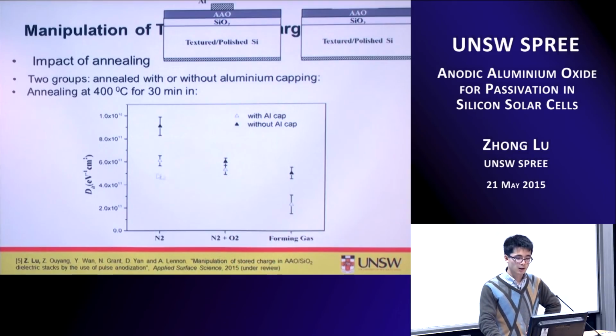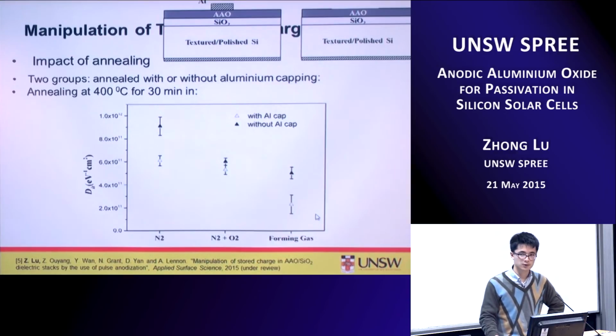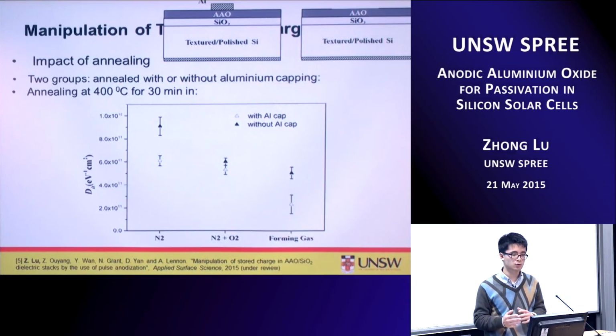You can see that if you have an aluminum capping, generally you have a lower Dit due to the hydrogen passivation from the annealing. And the forming gas annealing is the most effective in terms of reducing the interface defects, because it provides an extra source of hydrogen from the gas.